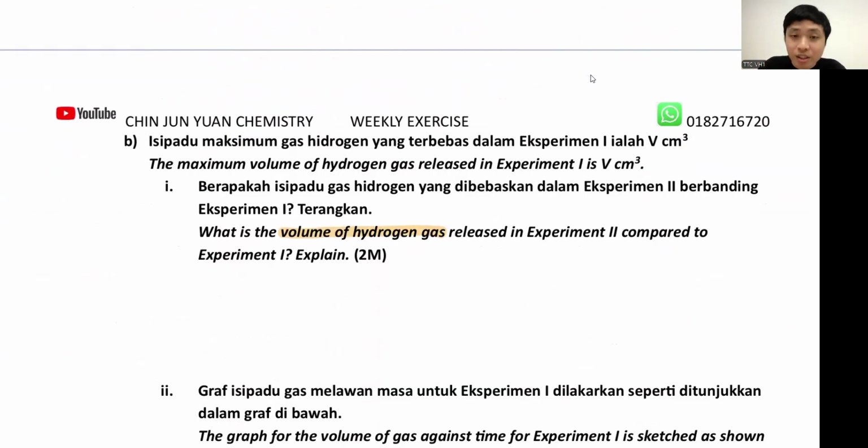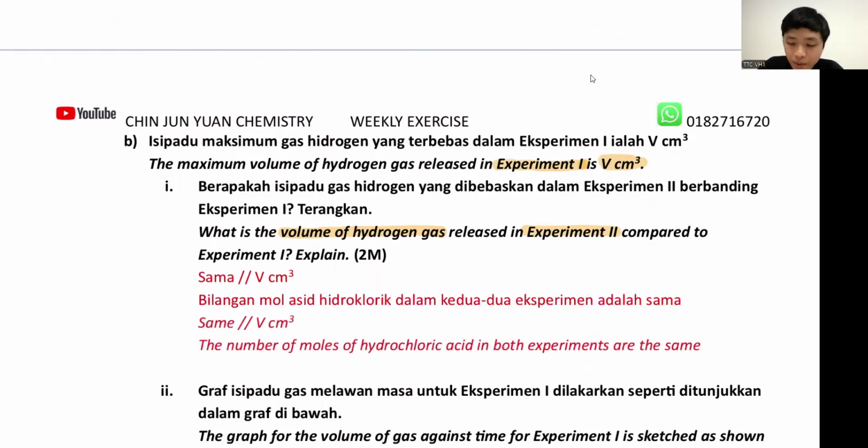Actually, just now I already calculated and proved it. If experiment 1 is V cm cube, experiment 2 also should be V cm cube. Same thing, based on the calculation we did just now, because the number of moles of hydrochloric acid is the same in both.